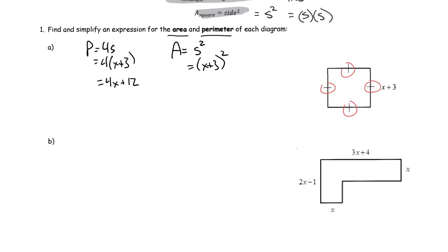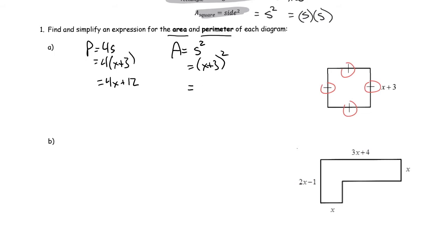There is a distinct danger here of people inadvertently applying that square incorrectly. Frequently, I'll have people give me x squared plus 9. They squared the first term, they squared the second term, but that's actually incorrect. That is not the way multiplication works with binomials.